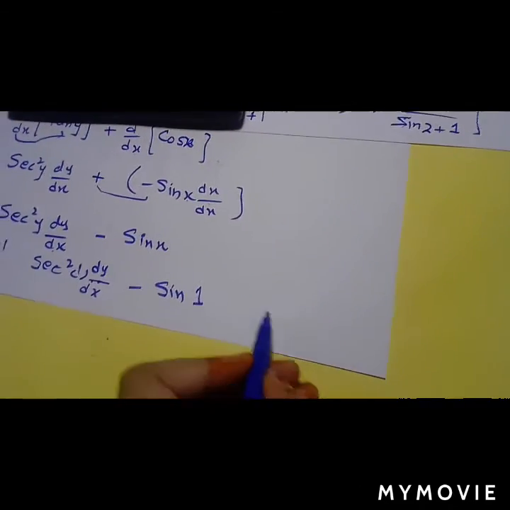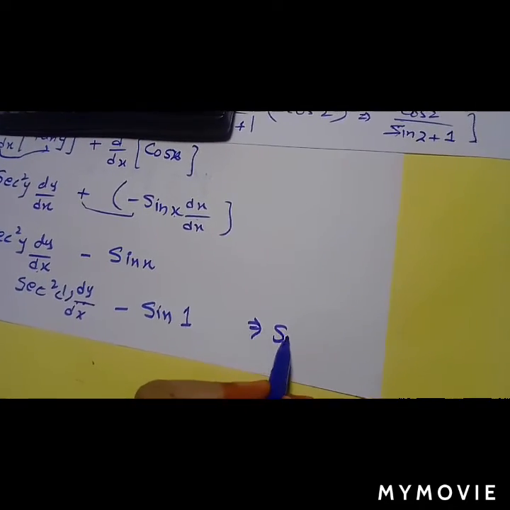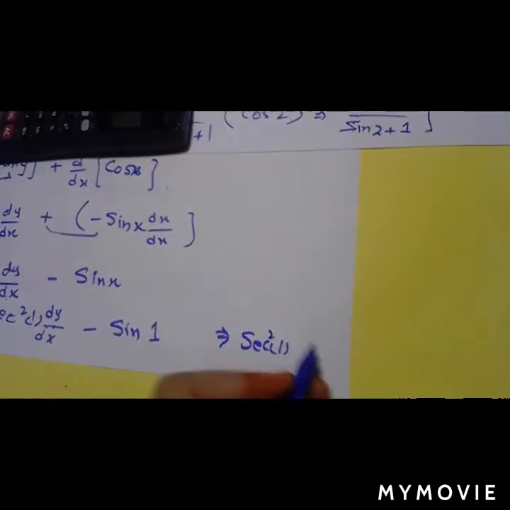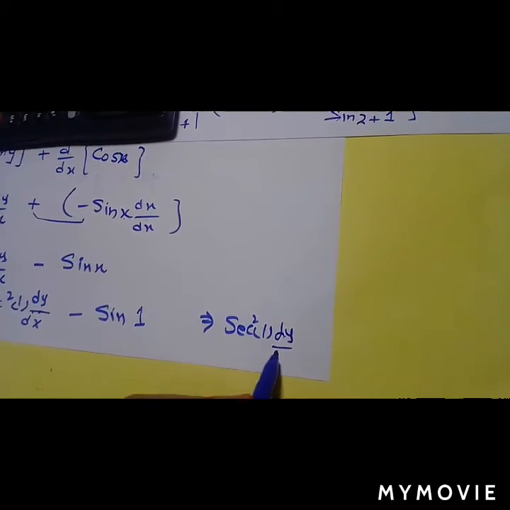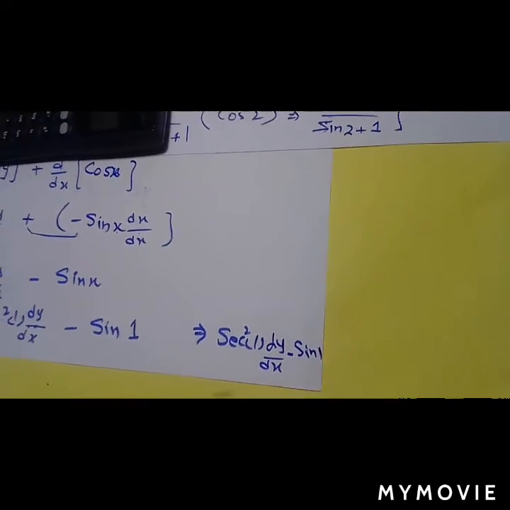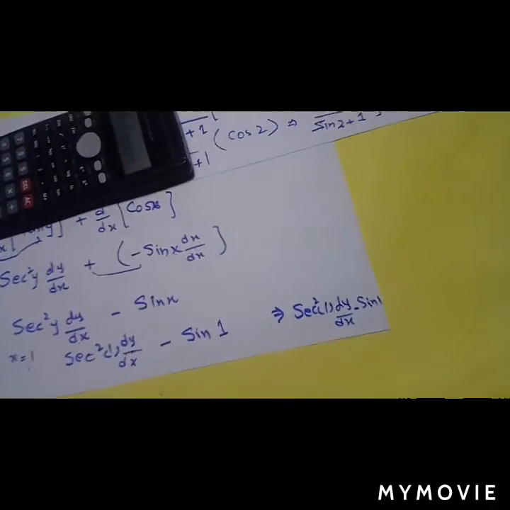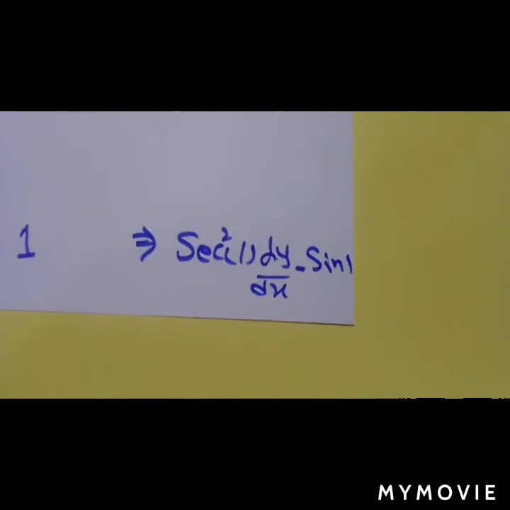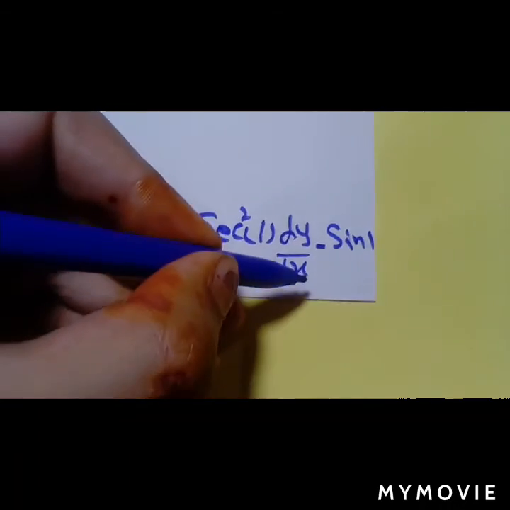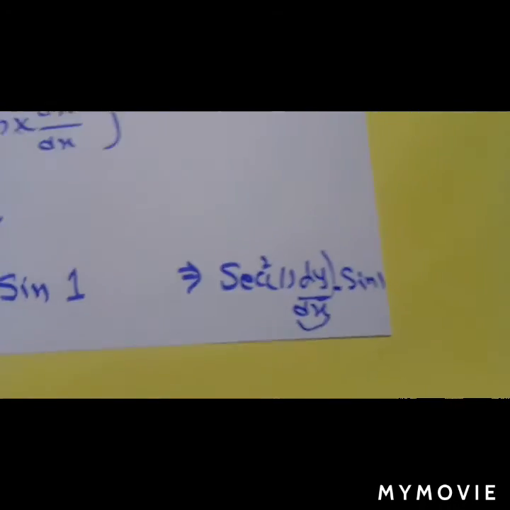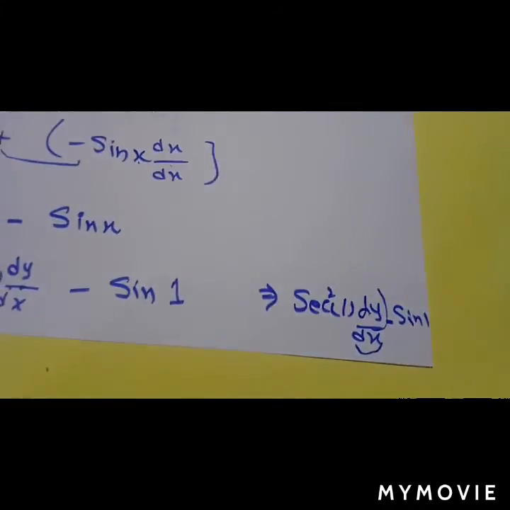Then secant square of 1, you can write it as it is or by applying different values, plus minus sine of 1. Okay, this is our answer, and dy by dx is as it is. Don't confuse yourself by writing the x and y here. Don't try to do this because it is a wrong attempt, okay.